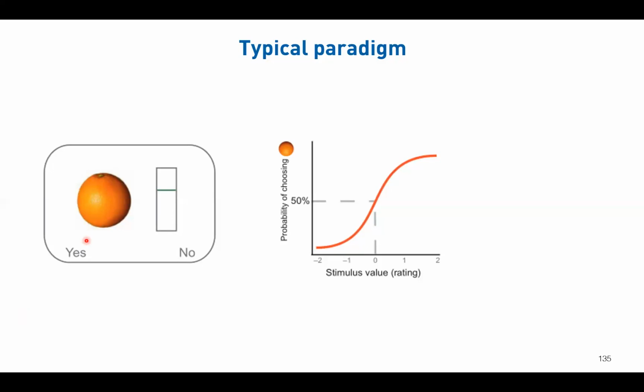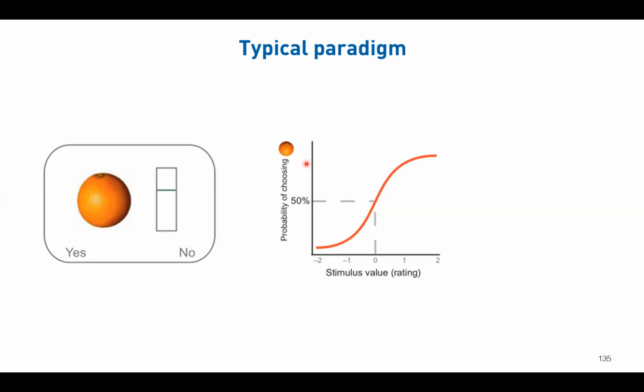So for people who rate the orange high, maybe 8 out of 9, let's say this is standardized, 8 out of 9 is here. These people will be more likely to choose the orange. Choose basically means I want to have it because orange means a lot to them. They like it, they rate it 8 out of 9.